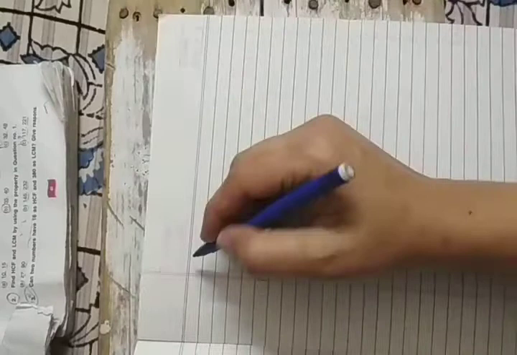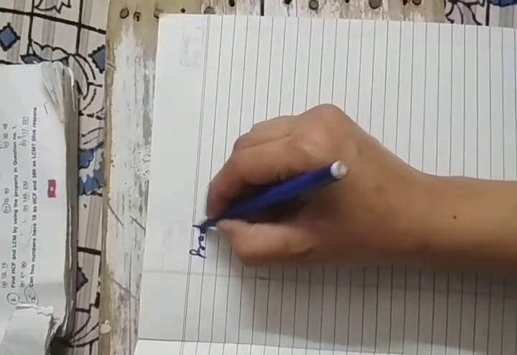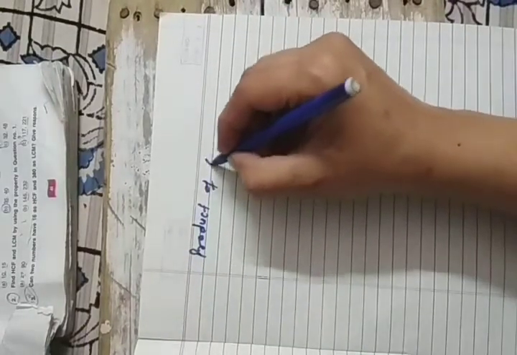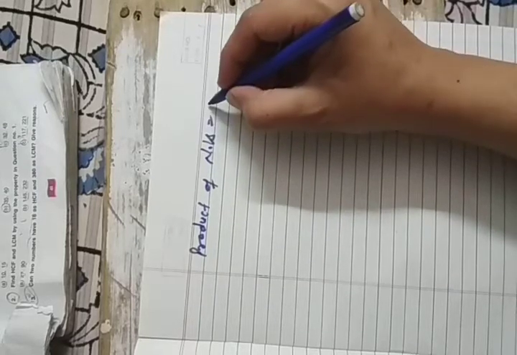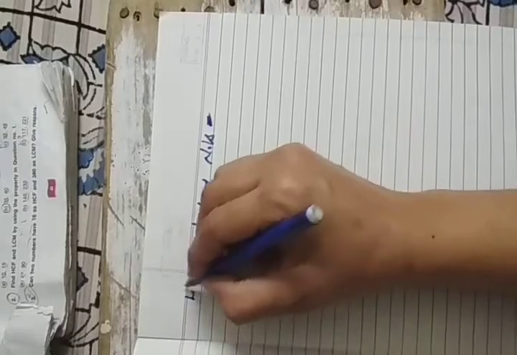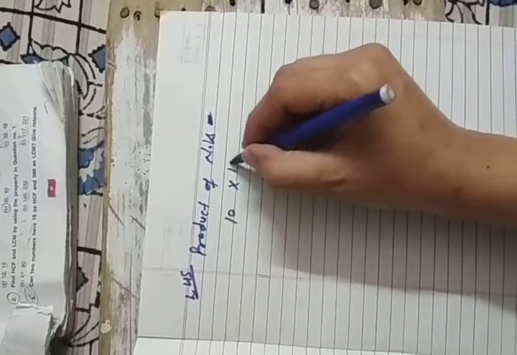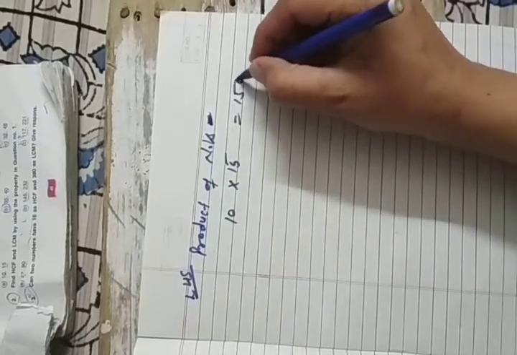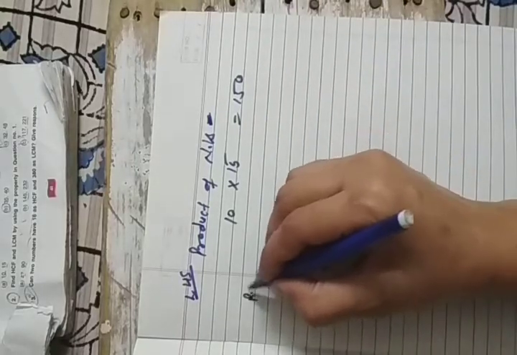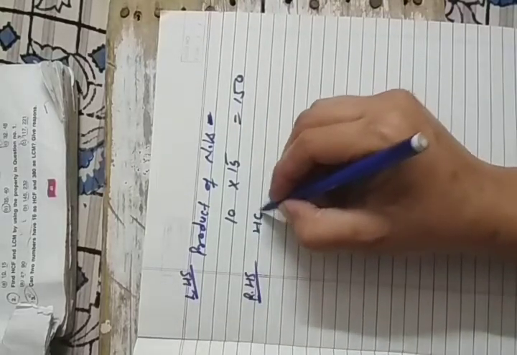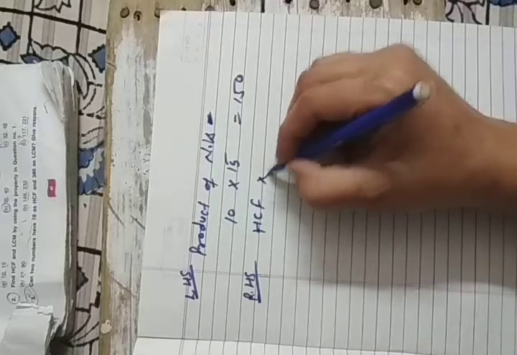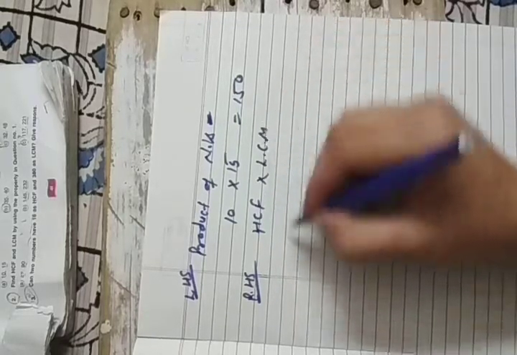Now put the values in the property. Product of numbers is equal to, firstly we take the left hand side as product of numbers. Numbers are 10 and 15, then their product is 150. Now take the right hand side, that is the multiplication of HCF and LCM.